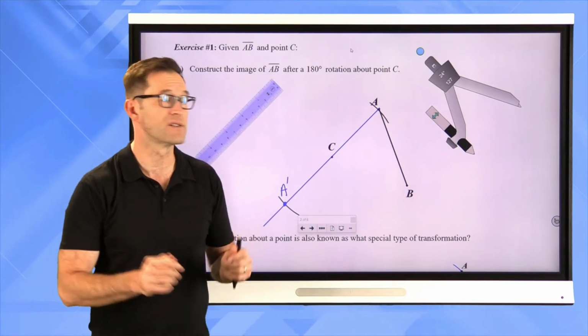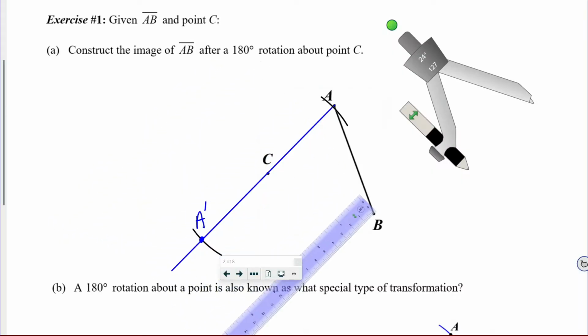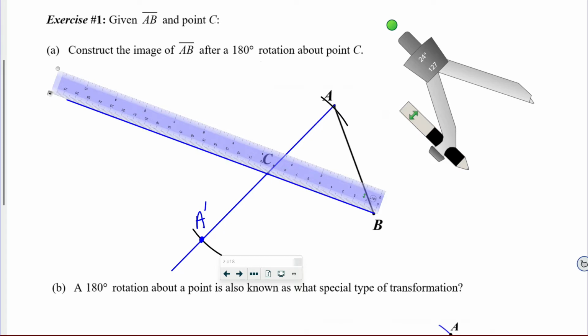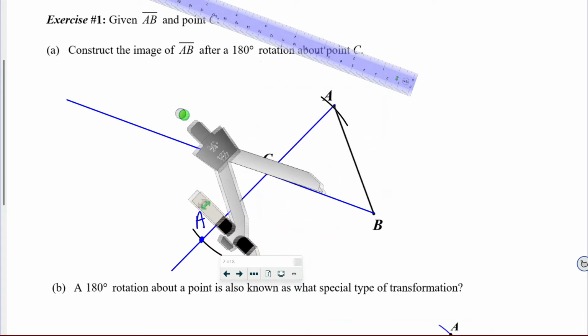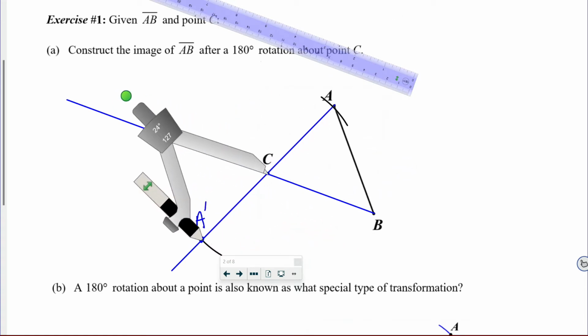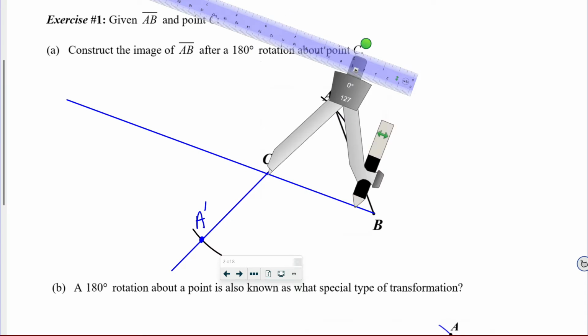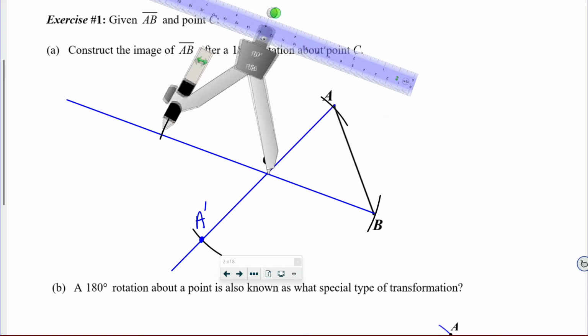All right, so first things first, let's draw a line that passes through point B and point C, our center of rotation. I think I'll stretch this out a bit. Somewhere along that line, our image point has to lie. So again, I'll now put my compass at point C. Figure out the length to point B. And then again.